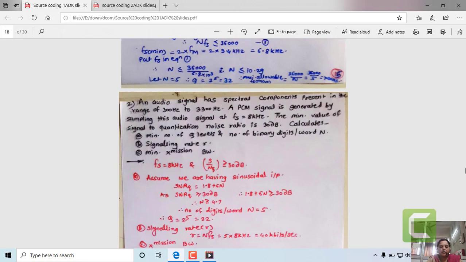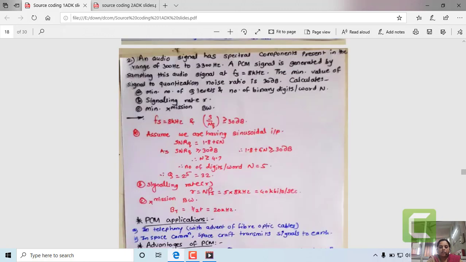So signaling rate will come out as 40 kilobits per second. Now the last term is transmission bandwidth. Transmission bandwidth is always half of the signaling rate. With this relationship, we can find the transmission bandwidth requirement, with the minimum value being 20 kilo.